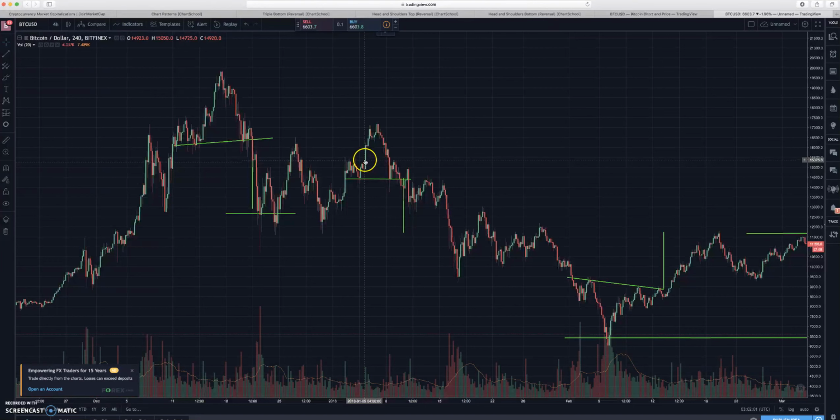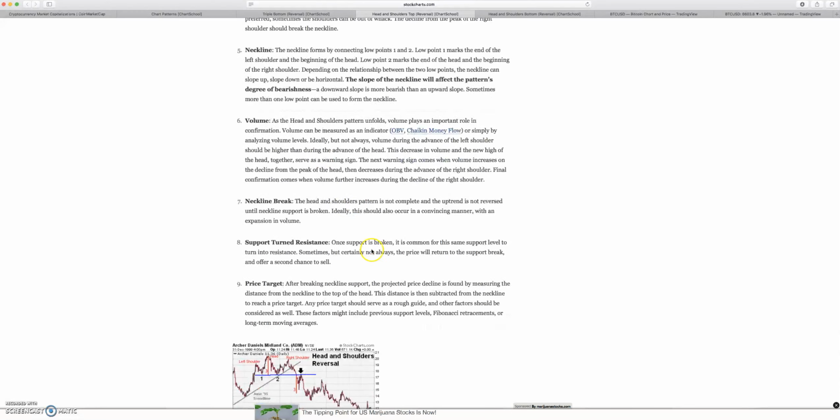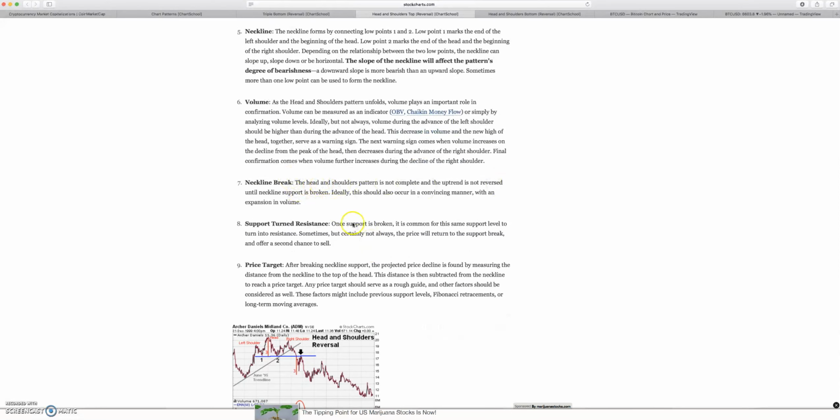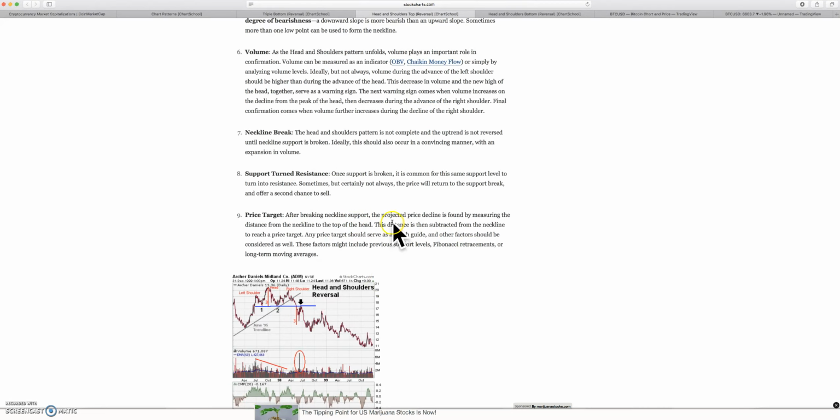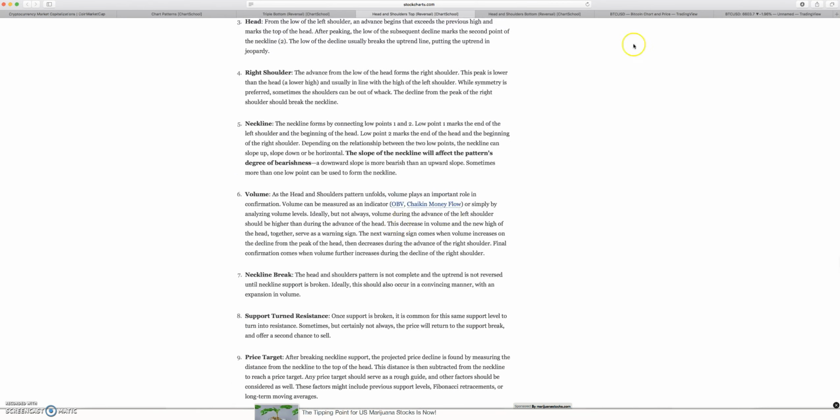Then we did have some nice volume here, but it was smaller, as you can see on the volume chart down below. So that's a good indicator that our price action increased dramatically, but our volume was actually lower. That is a warning sign in this head and shoulders pattern. The neckline break, this is important. But basically the rest, I already explained.